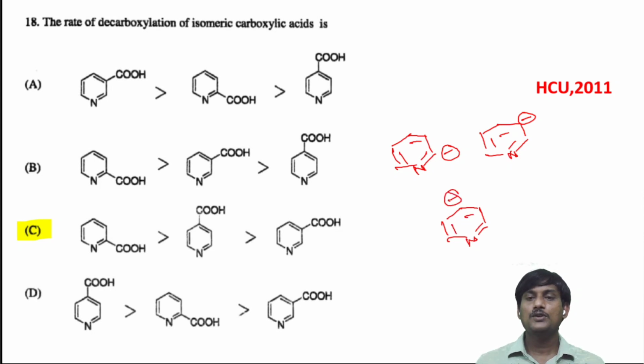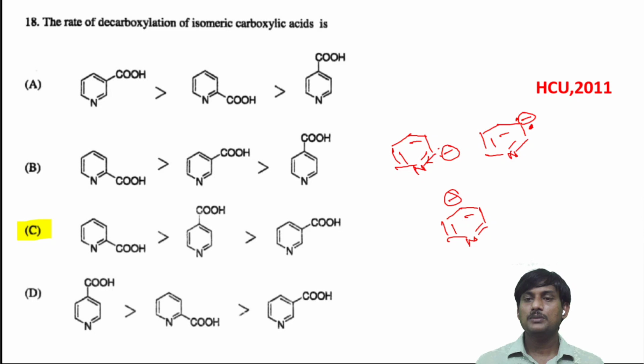If you take the carbanion stability, since this one is very close to the nitrogen, which withdraws electrons, there is an increase in stability due to decreasing electron density on carbon, and also due to the resonance effect, the negative charge is stabilized. But here there is no resonance effect.